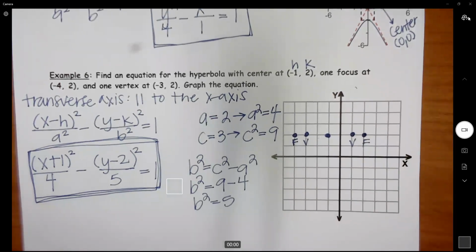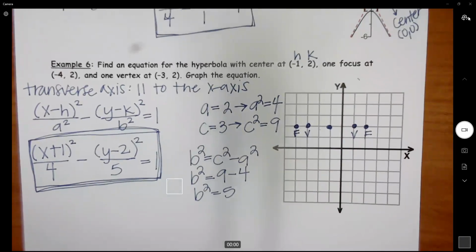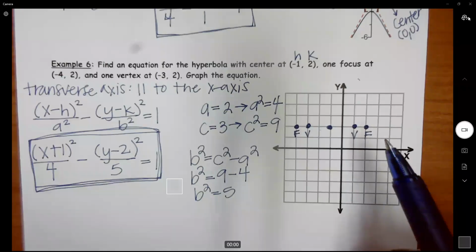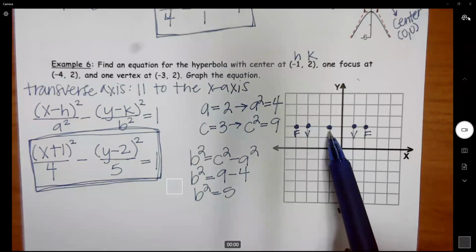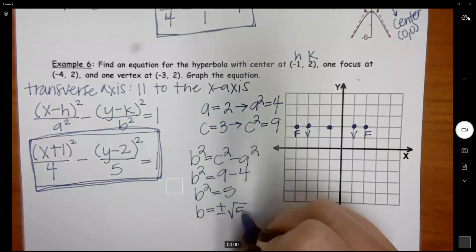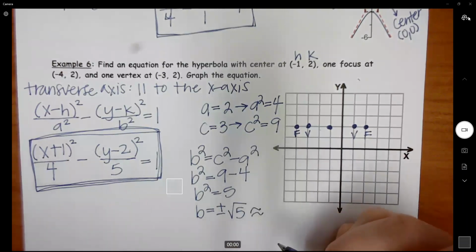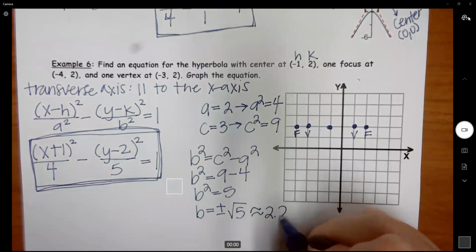And so now I have all of those points on my graph. Now I need to make my box, put my asymptotes, and then I can draw my hyperbola. So we have b squared is 5, which means b equals plus or minus the square root of 5, which is about 2.2.